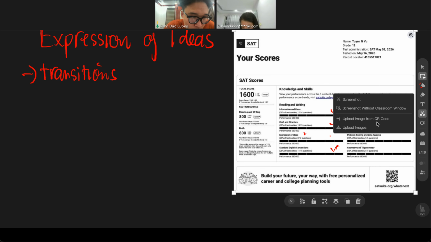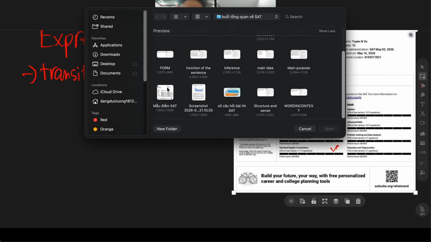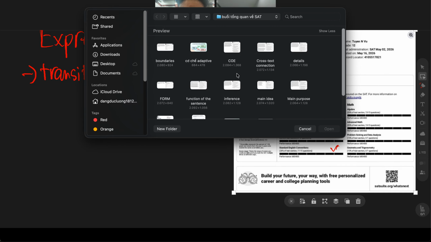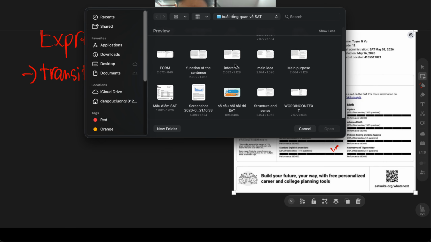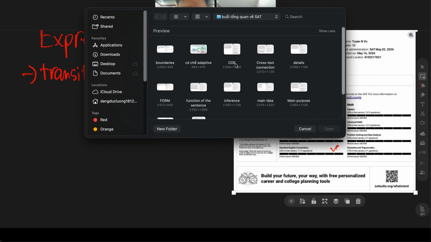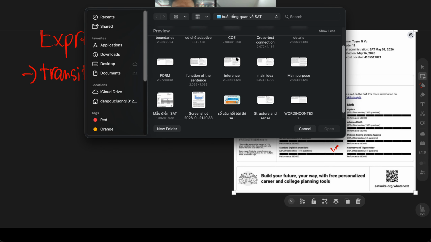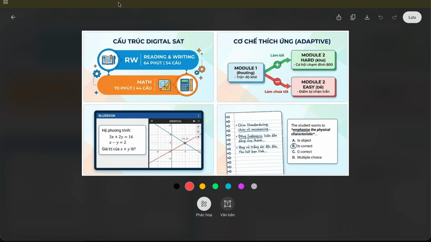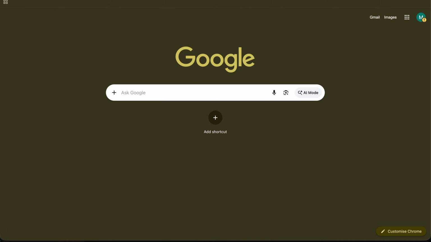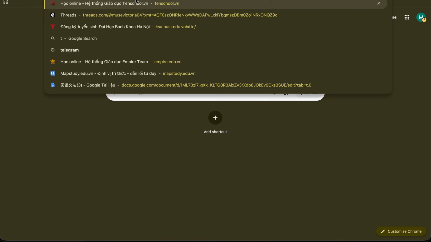So here I will give you an example sentence of a transition. What? Wait, oh my god. Why don't I... oh my god, I forgot to. So wait for me, I will find the transition example on the internet.